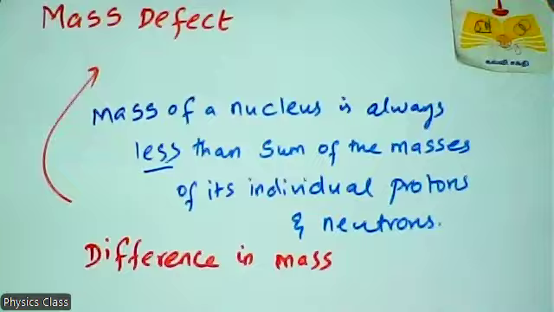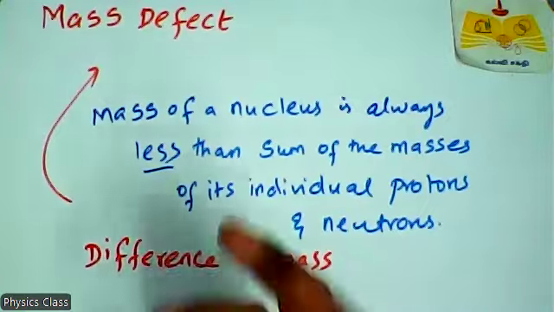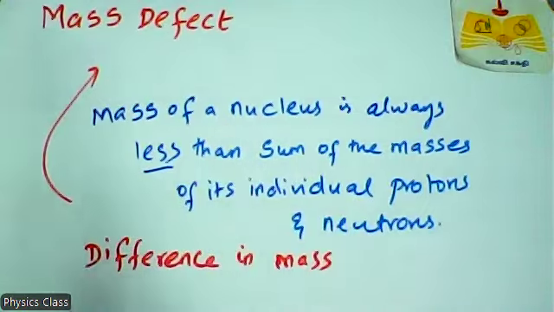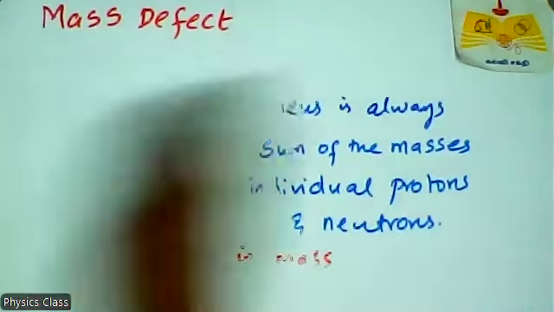Let me repeat this. Mass defect is the difference between the actual mass of an atom and the sum of the masses of its protons, neutrons, and electrons. So in terms of atom or nuclei, there is always a mass difference.